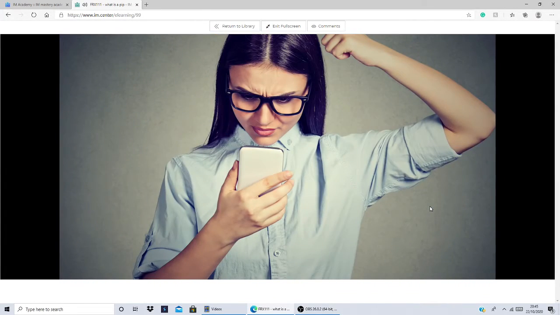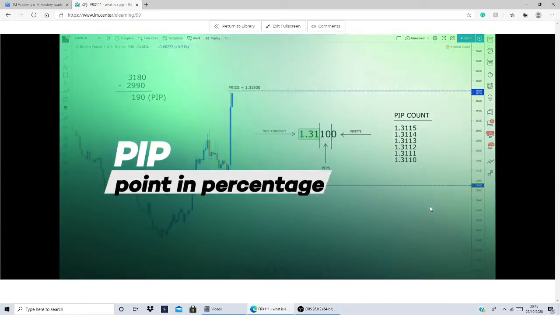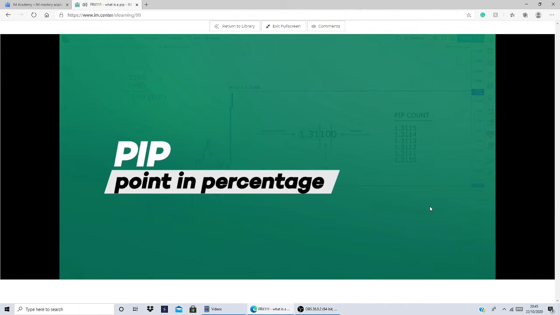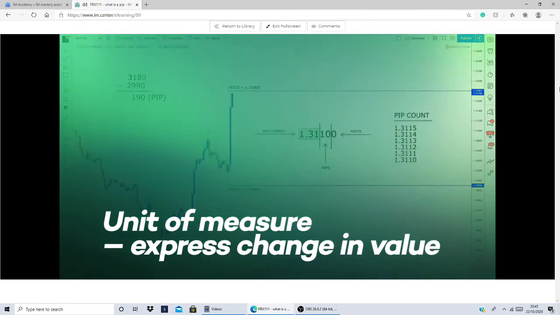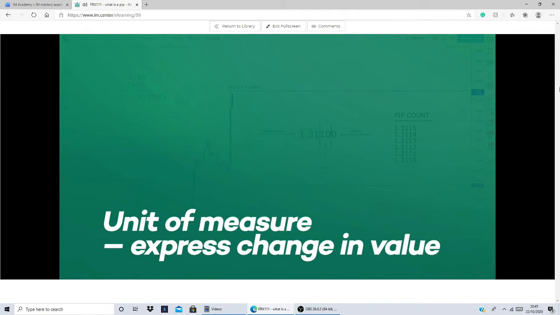In this video, we're going to discuss what a pip is. A pip is an abbreviation for percentage in point, which is the unit of measure to express the change in value between two currencies.